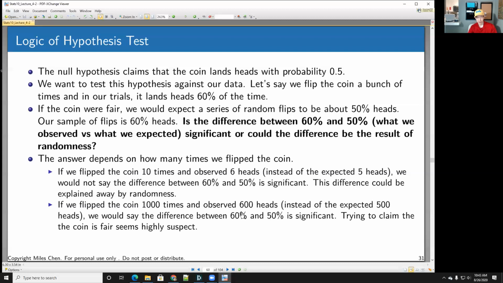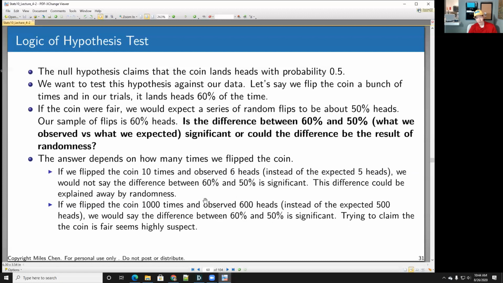In contrast, if I flip the coin 1,000 times and it lands heads 600 times out of 1,000 instead of 500 times out of 1,000, because if the coin's fair, we expect something around 500, maybe give or take a few, but we're getting 600 heads, the difference between 60% and 50% is significant.